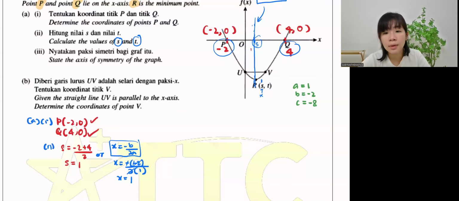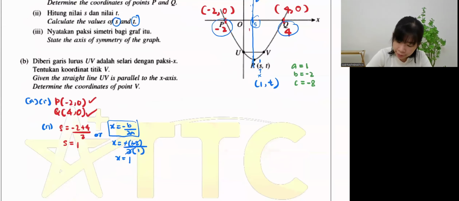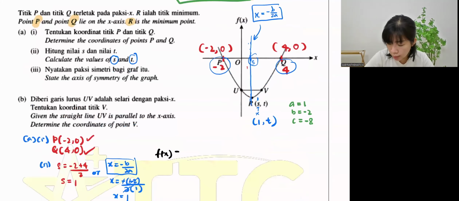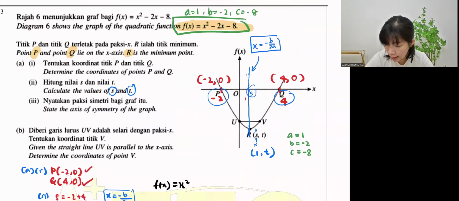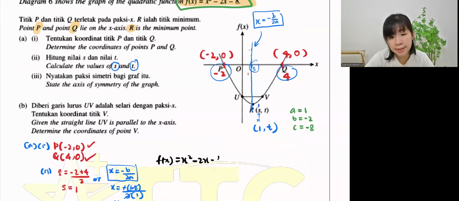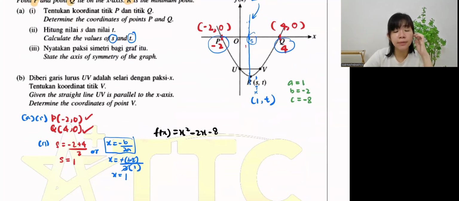If you have the x coordinate and you want to find the y coordinate, what do we do? Now I have 1 and then t. I don't know t, so we sub into the question. The function given is f(x) equals x squared minus 2x minus 8. So now I have x, I want to find y, I want to find f(x).